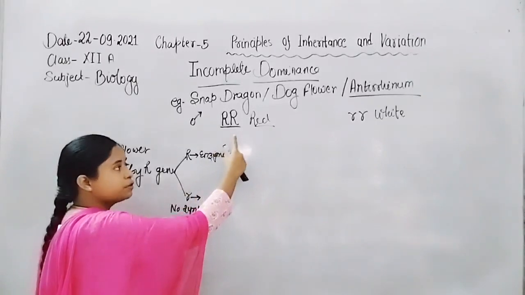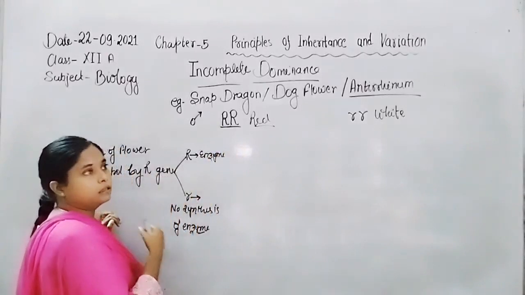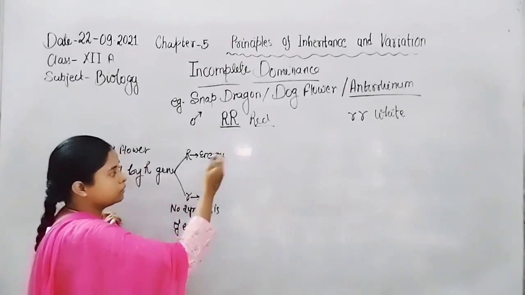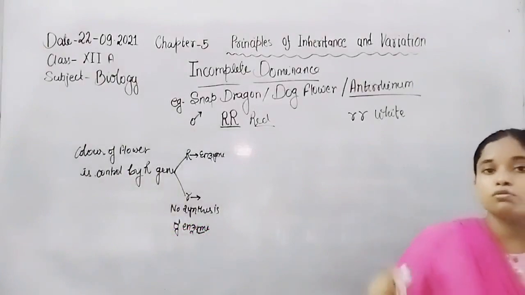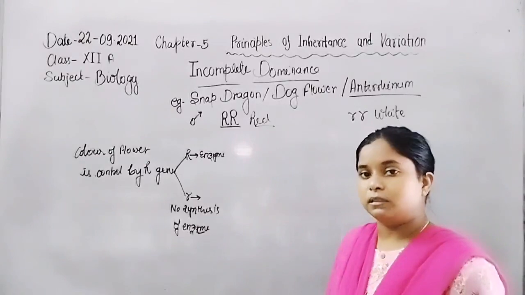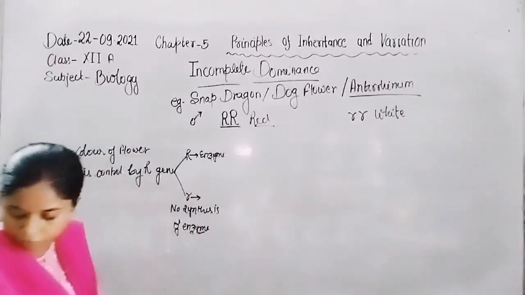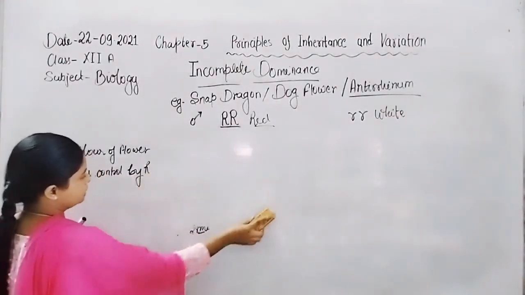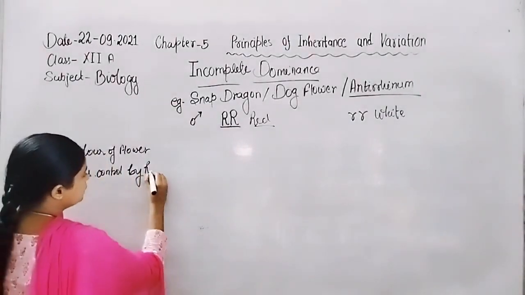If the enzyme is produced by the plant, the flower appears red. So if capital R is present, it makes the flower red. If small r is present, it makes the flower white, because no such enzyme is synthesized by this allele. Now, how many gametes are formed by this plant? Only one type of gamete is formed by such a plant, because both the alleles are similar.